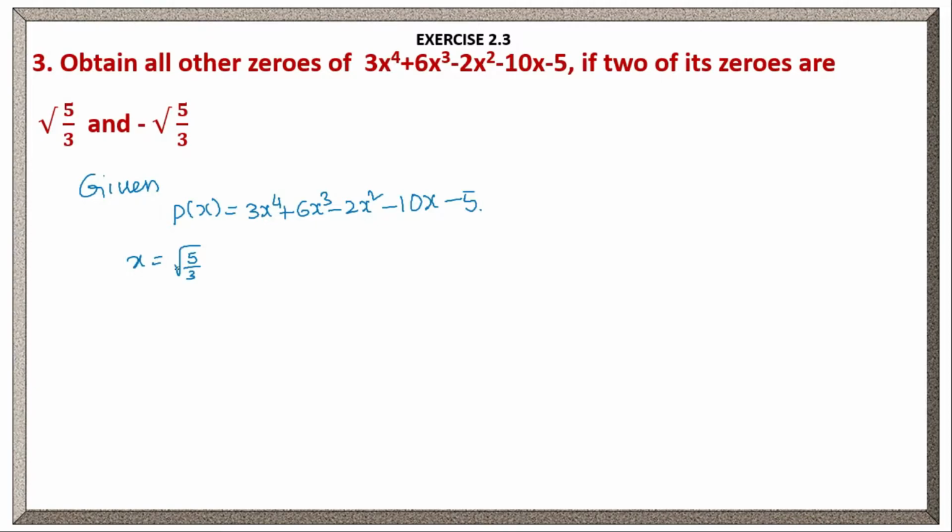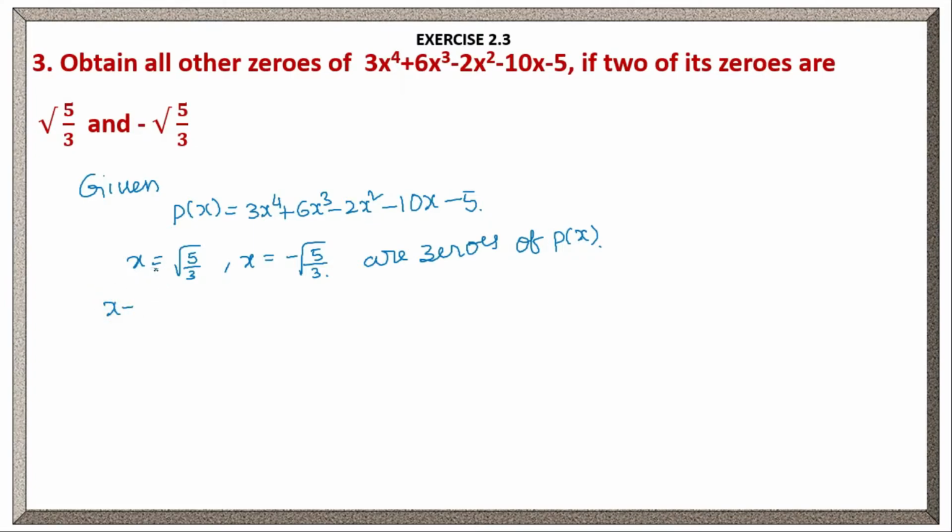So x equal to root 5 by 3 is one zero, and the other zero is x equal to minus root 5 by 3. If root 5 by 3 and minus root 5 by 3 are the zeros of p of x, yes, it is given in the question. So if these two are the zeros, what will be the factors?